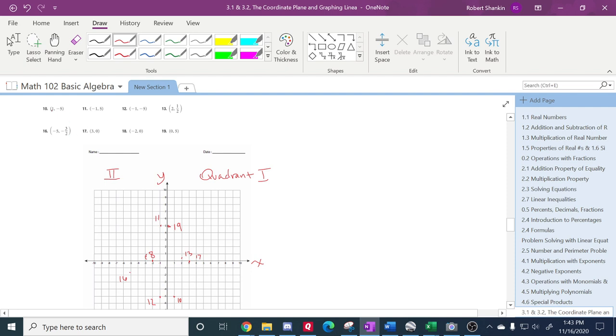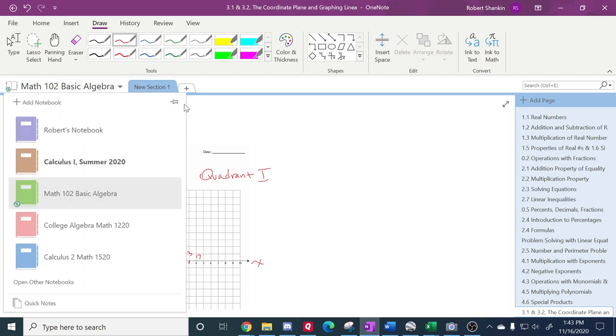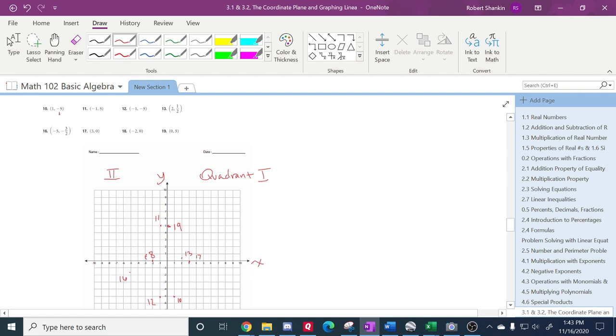So, number 10, 1, negative 5, right here. Its height is negative 5. 11, negative 1, 5. The height of that point is 5.